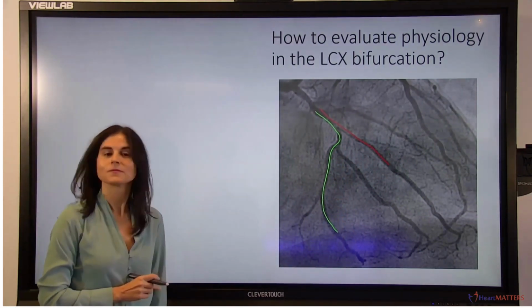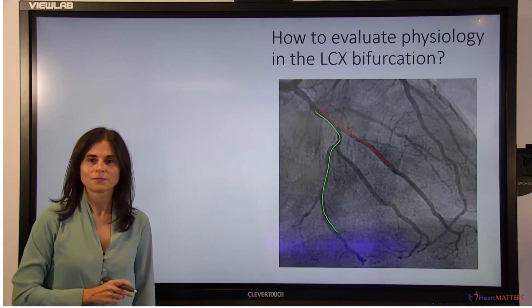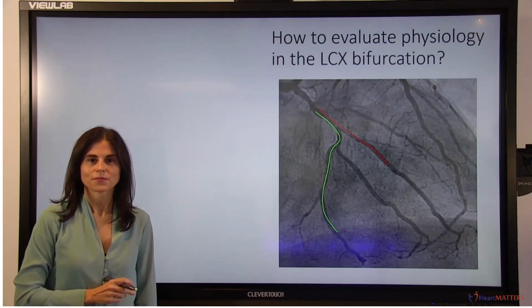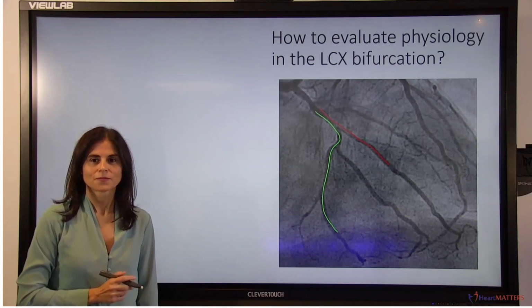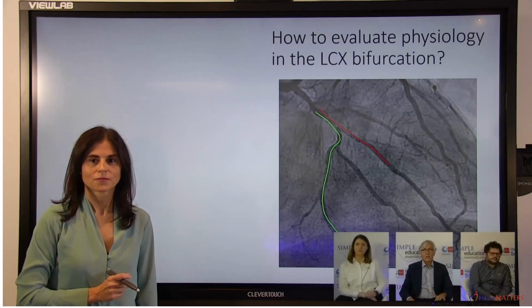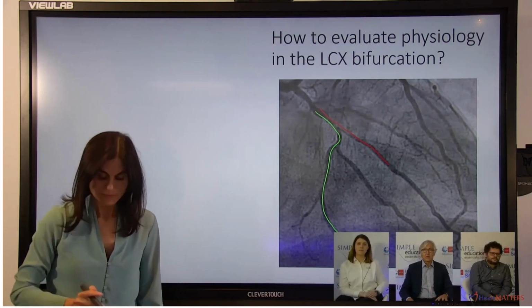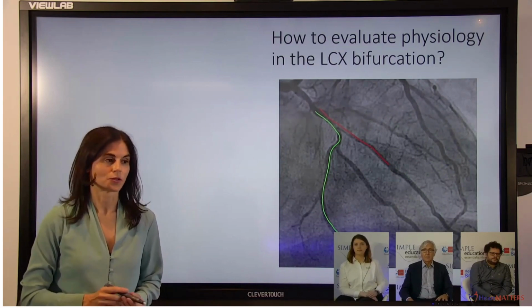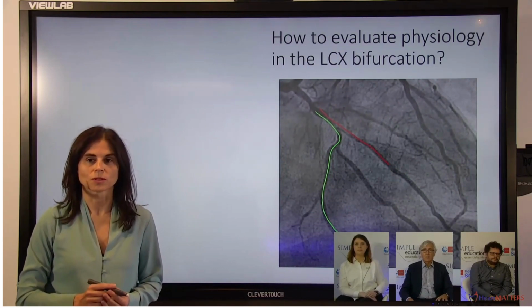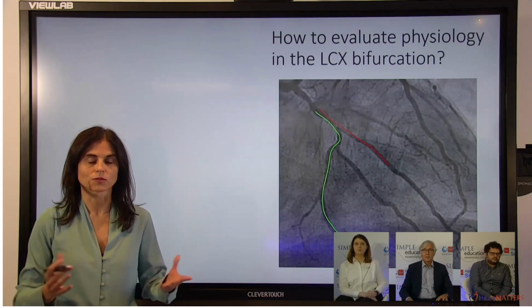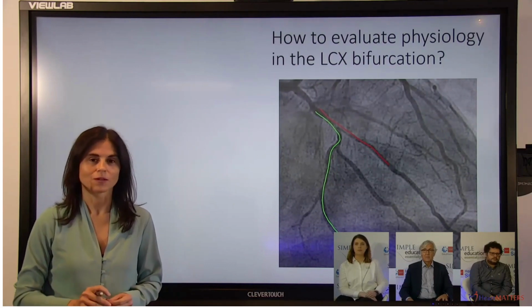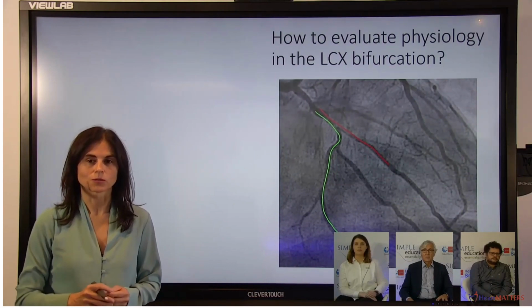It was discussed a lot before in the session, the use of FFR or resting indices for the evaluation of non-culprit lesions, and which one could be better. In this case, I think the result was very clear, and there was no need to proceed to FFR. But had it been 0.8 was my question, because I think this is a learning experience for everybody. What would have been the strategy then?